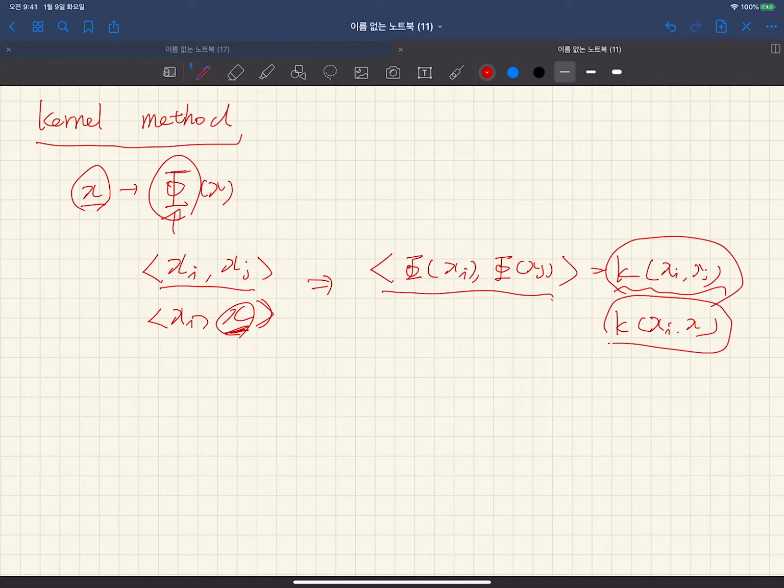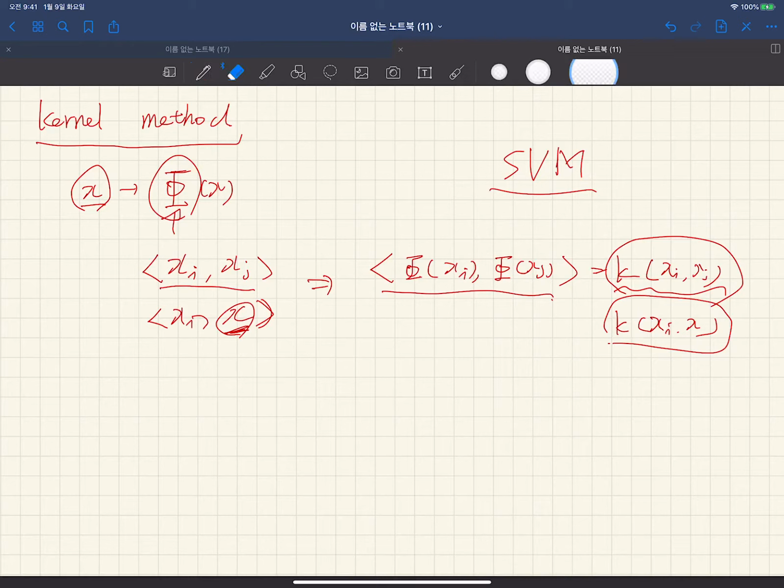That was support vector machine and kernel. We can also use the kernel method for prediction, like linear regression.